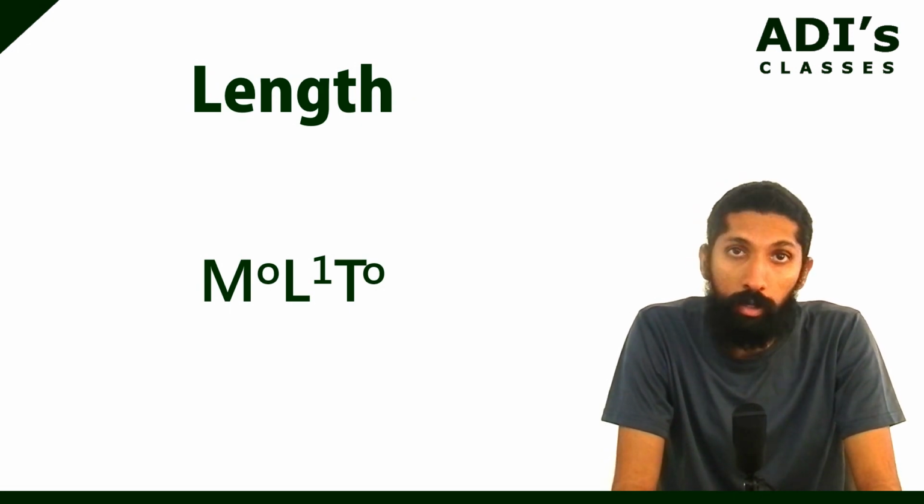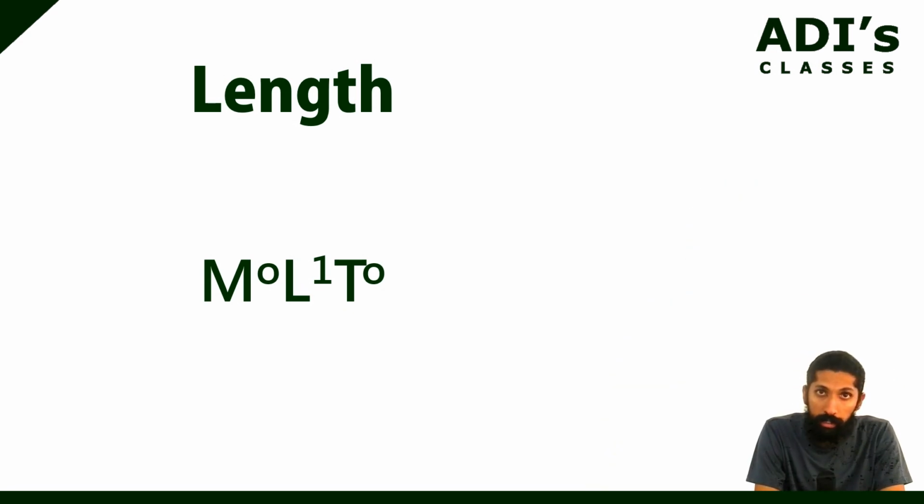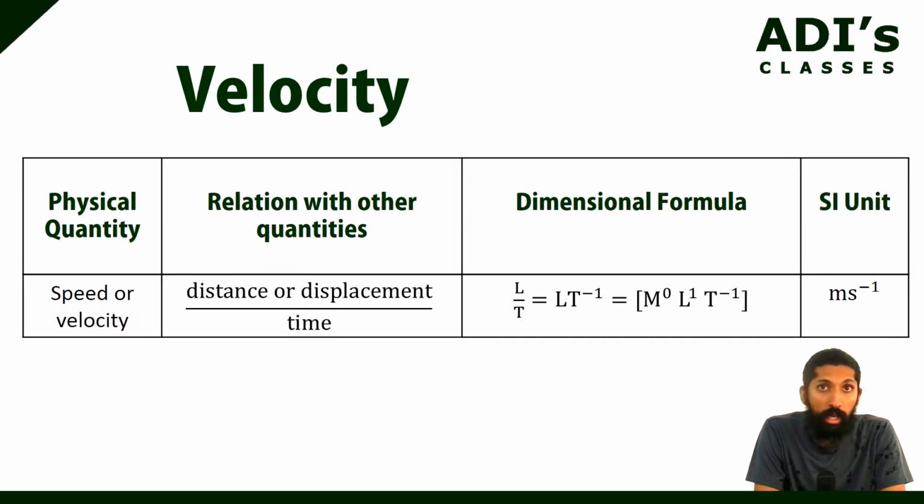Let's say you are talking about velocity. What is velocity? It is displacement by time. Correct? And displacement, what is the unit of displacement? Meter. So dimension becomes L1, M0, T0, correct? Divided by, for time, it is second, right? Which is L0, M0, T1.